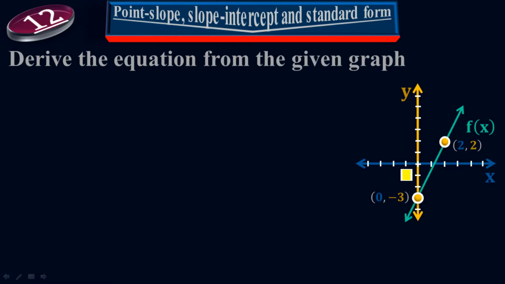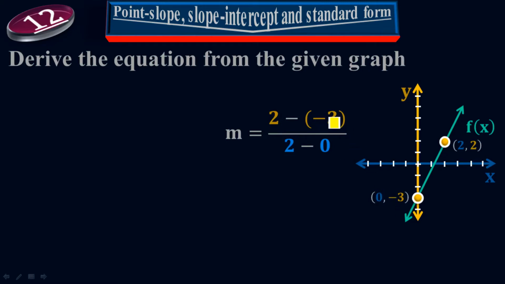One is rise over run and the other is y sub 2 minus y sub 1 over x sub 2 minus x sub 1. Since the coordinate points are given, I'm going to apply the y sub 2 minus y sub 1 over x sub 2 minus x sub 1 procedure, which gives m equals 2 minus negative 3 over 2 minus 0. Look, my y sub 2 is 2, and then minus y sub 1, which is negative 3.